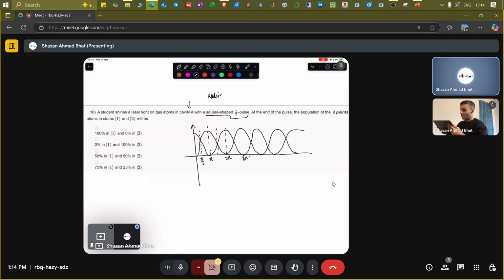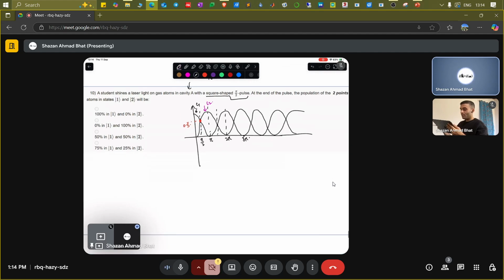And I talked about at the beginning of this session that at this particular point, the probability is 0.5. That means, let's say this is C1, then this is C2, and there is 0.5 probability of C1 and 0.5 probability of C2.